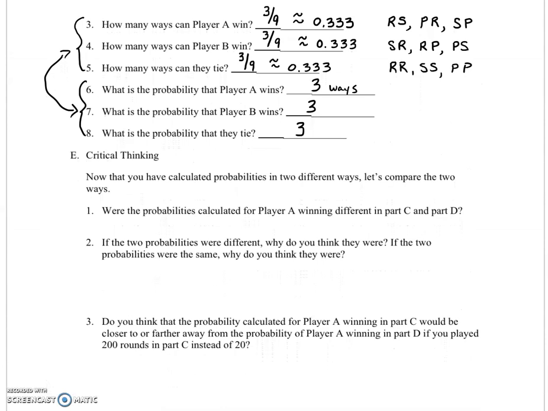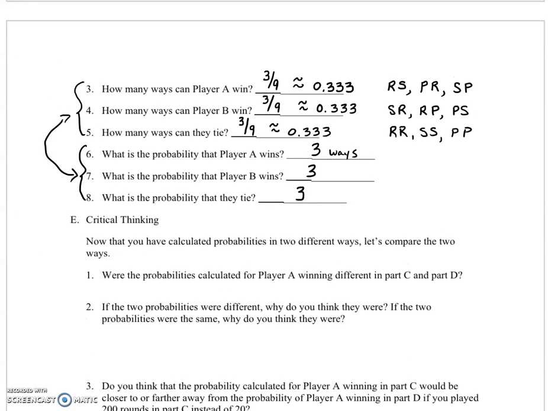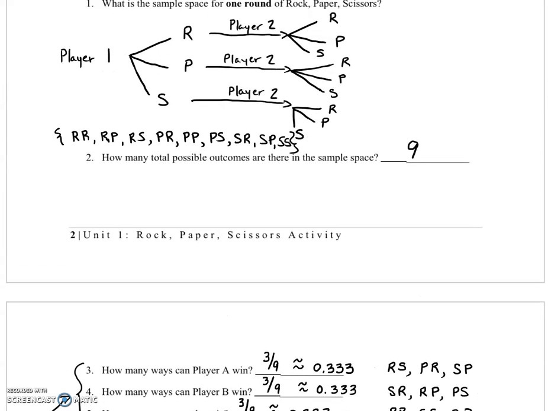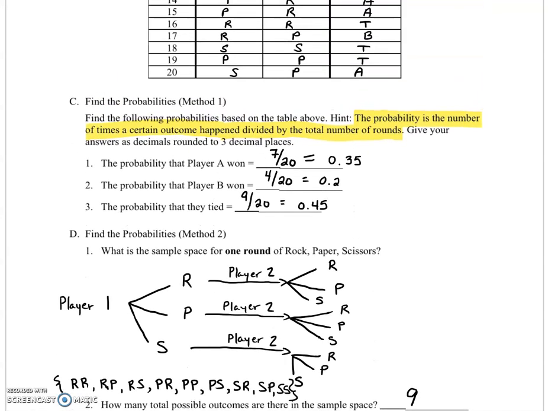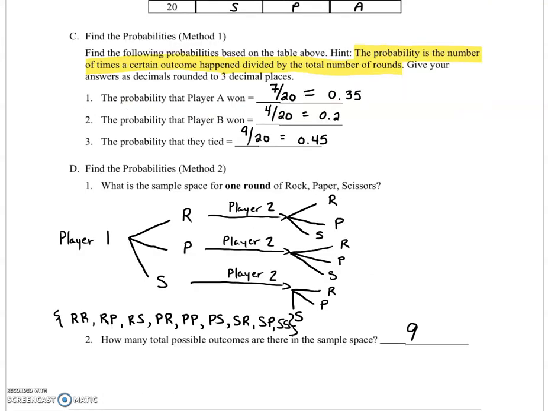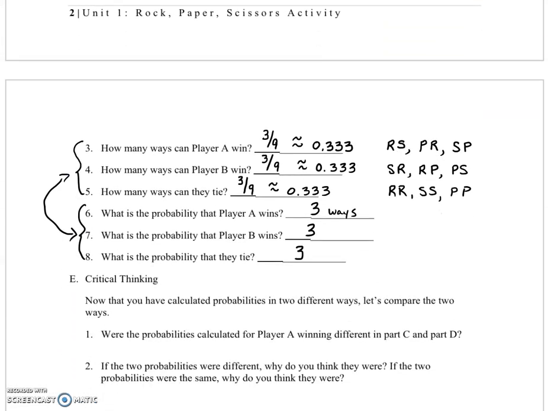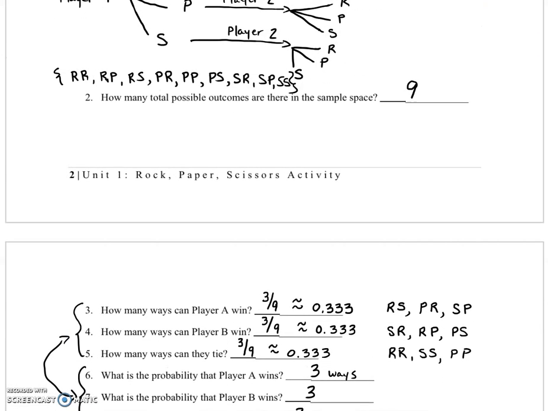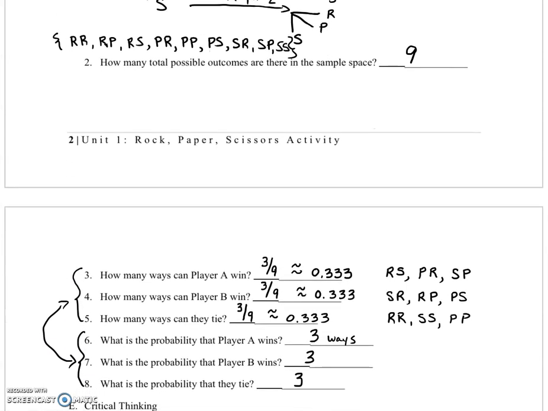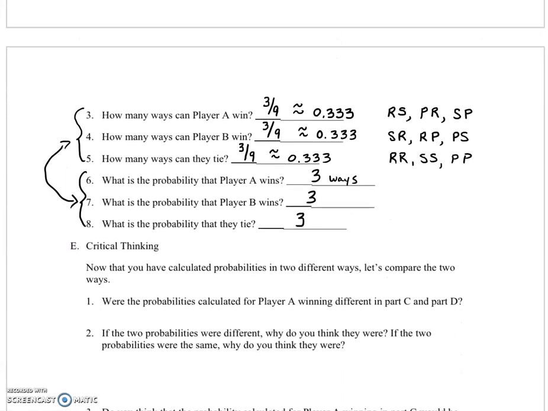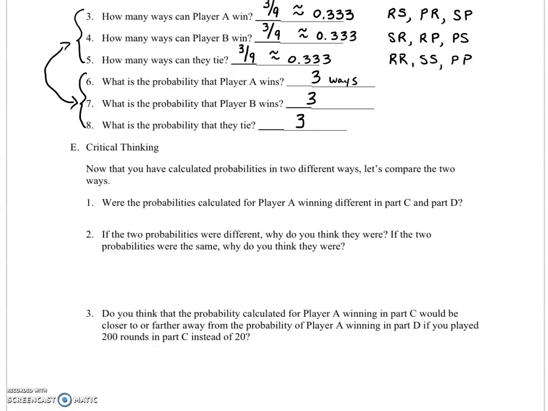So, were the probabilities for player A winning in part C? So in part C, we had 7 out of 20. And in part D, the probability that A wins is 3 out of 9. For mine. Now, where you played could be different.